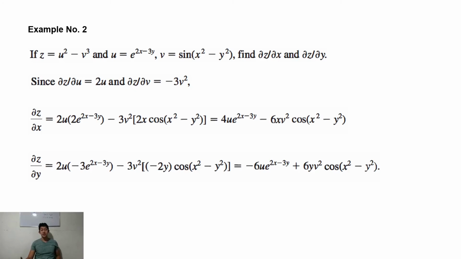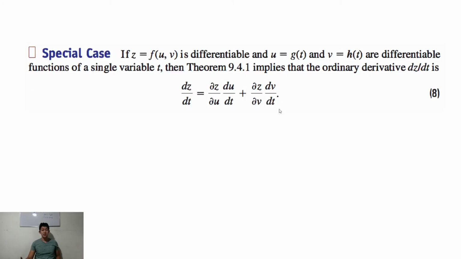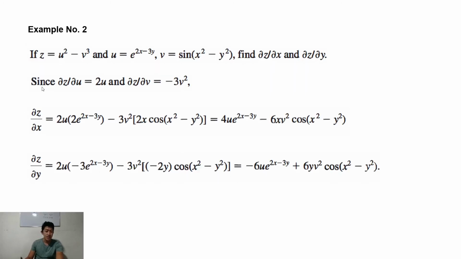Dapat careful lang ka. For special case, meaning, ang imong z partial function of u and v, but u and v as function of one variable. So, kung function of single variable, hindi na siya partial, no? Kaganina is partial man eh.